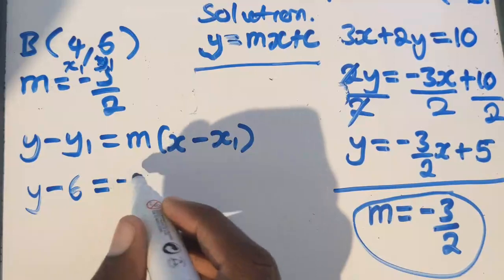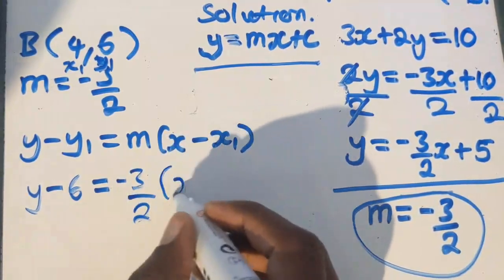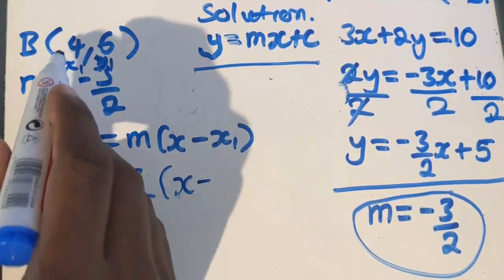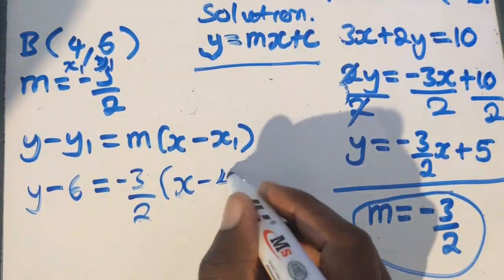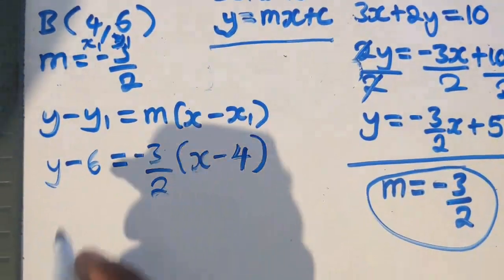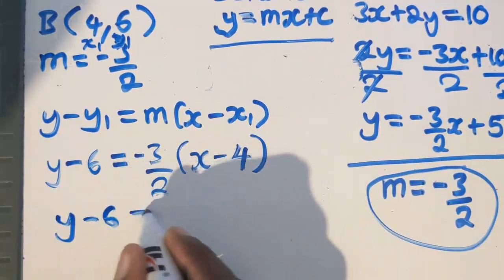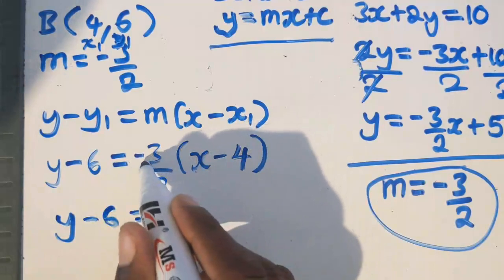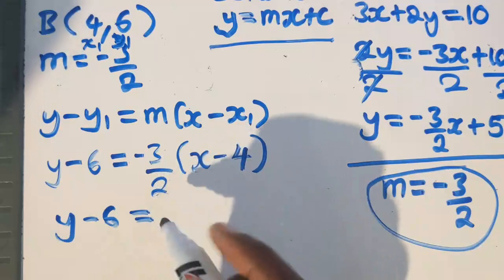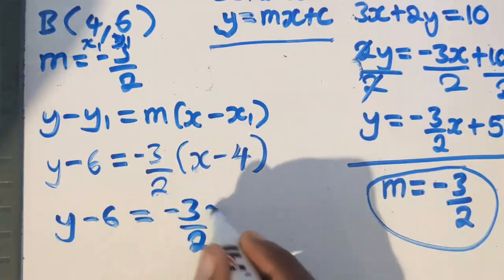So you get negative 3 over 2, then open bracket x minus x1. What is our x1? Our x1 is 4. So you put the 4 there like that. Then you solve the equation. So y minus 6 is equal to, when you multiply negative 3 over 2 times x, it will be negative 3 over 2x.